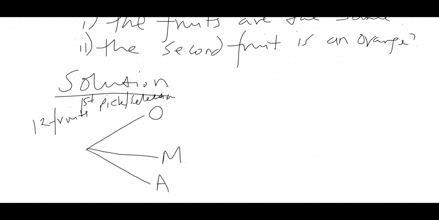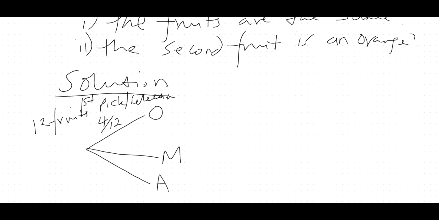Okay. And therefore, if you have 12 fruits, then what is the probability that you pick an orange? So you have 4 oranges out of the total number of fruits. So picking an orange first will be 4 out of 12. So picking a mango, you have only 3 mangoes.